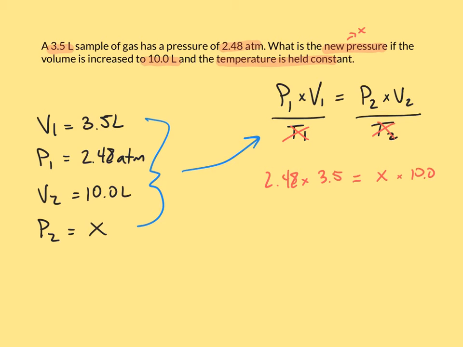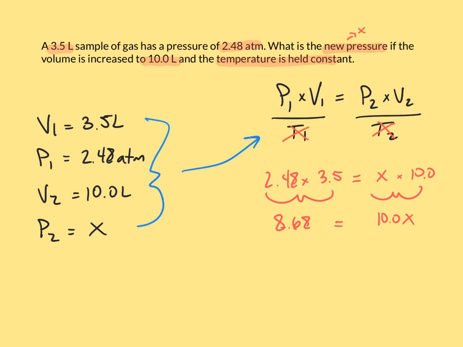Next, I cross-multiply, but there's no denominator this time. Because the temperature has been crossed out, I don't need to do any diagonal multiplication. I simply just multiply the two numbers on the left together. 2.48 times 3.5 is equal to 8.68. That is equal to x times 10, or 10x.